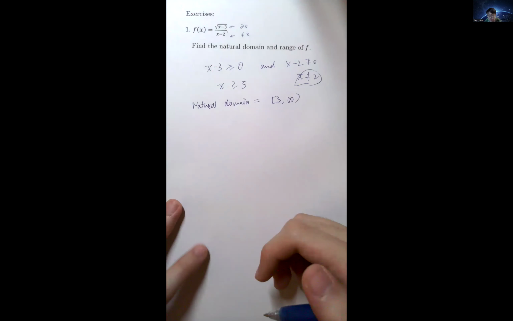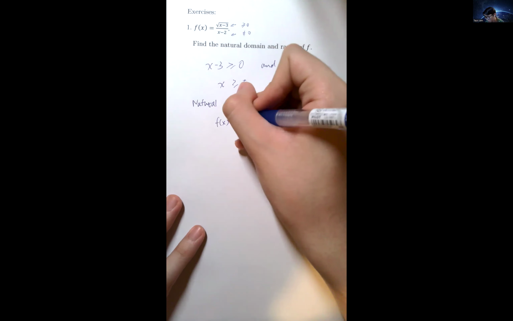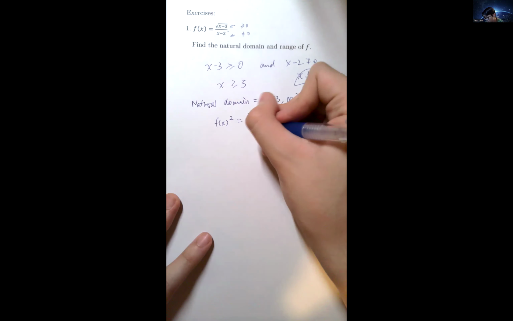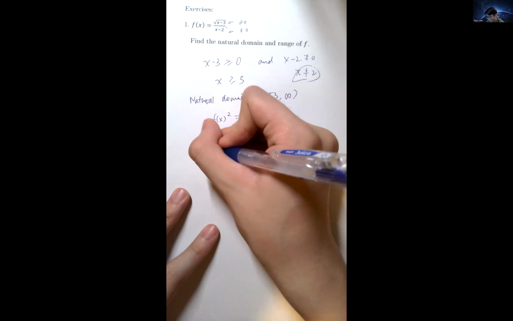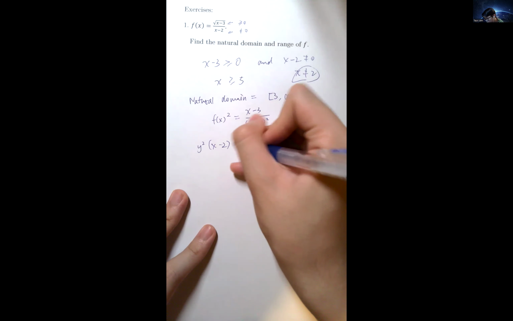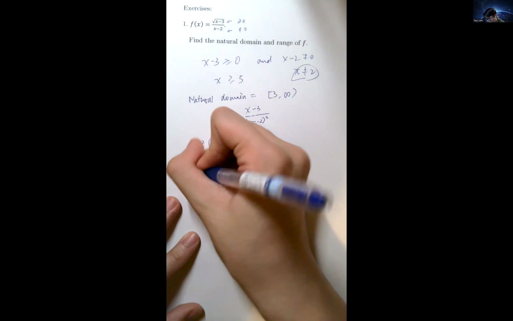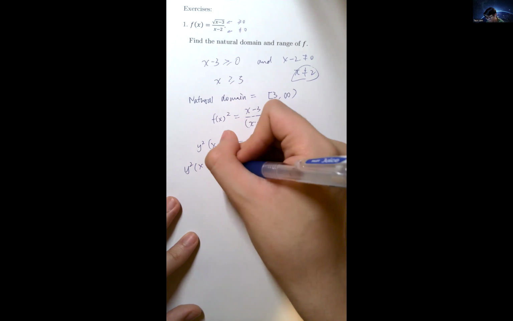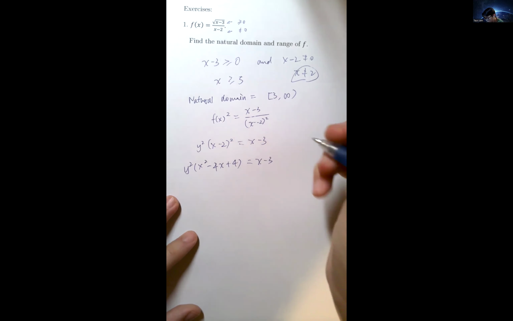Okay, so for the range of f, we have f(x) squared is equal to (x minus 3) over (x minus 2) squared. We'll just replace f(x) with y for simplicity afterwards. So y squared times (x minus 2) squared equals x minus 3. Okay, so y squared times (x squared minus 4x plus 4) is equal to x minus 3.